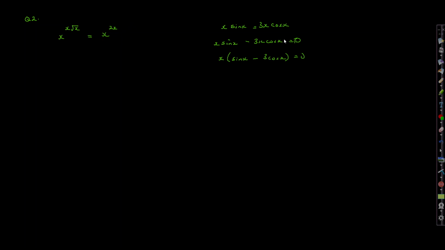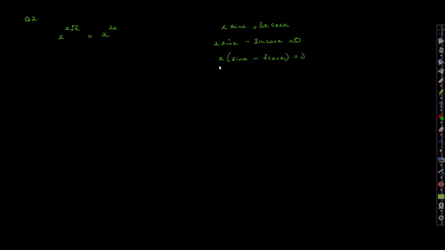Right, so just pause the video, just trying to think of a simple example. Something like this, for example, is where you might be tempted to just cancel x on both sides, which would be a mistake, because that would remove the solution x equals 0 possibly, unless sine x equal to 3 cos x has a solution of 0, which it doesn't.